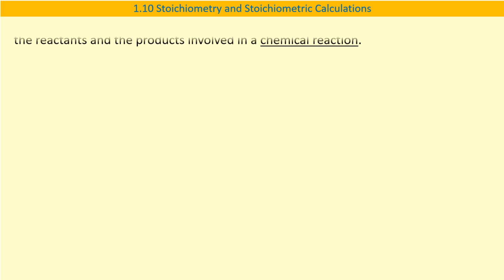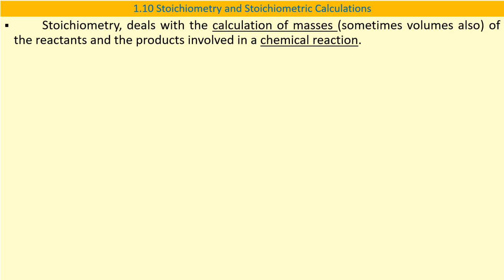Stoichiometry and stoichiometric calculations. The word stoichiometry is derived from two Greek words, stoichion meaning element and metron meaning measure. Stoichiometry thus deals with the calculation of masses, sometimes volumes also, of the reactants and products involved in a chemical reaction.